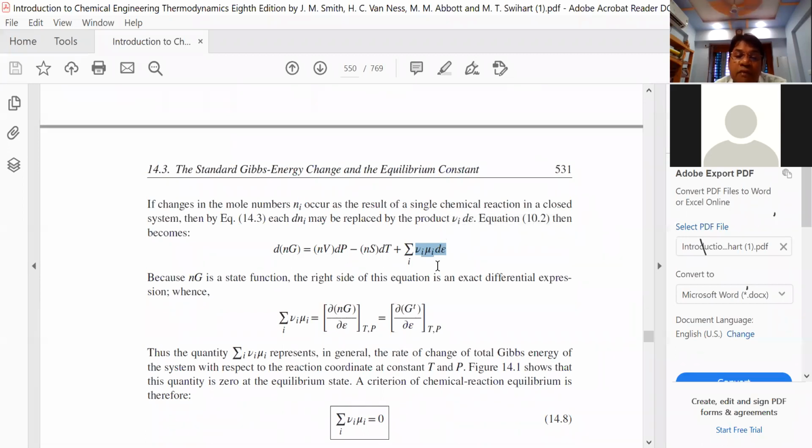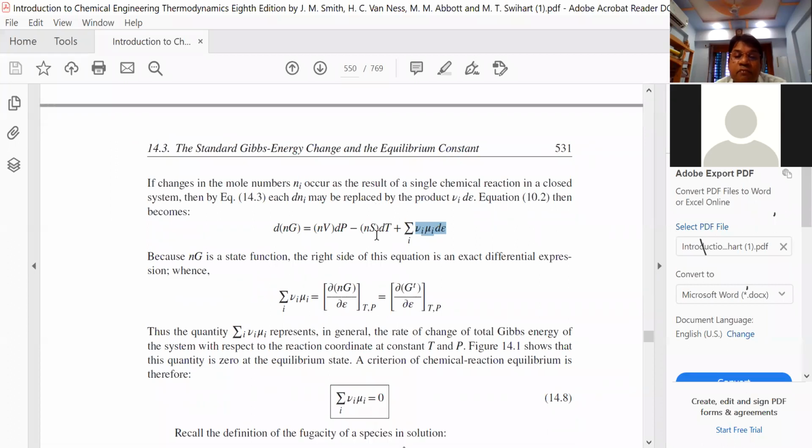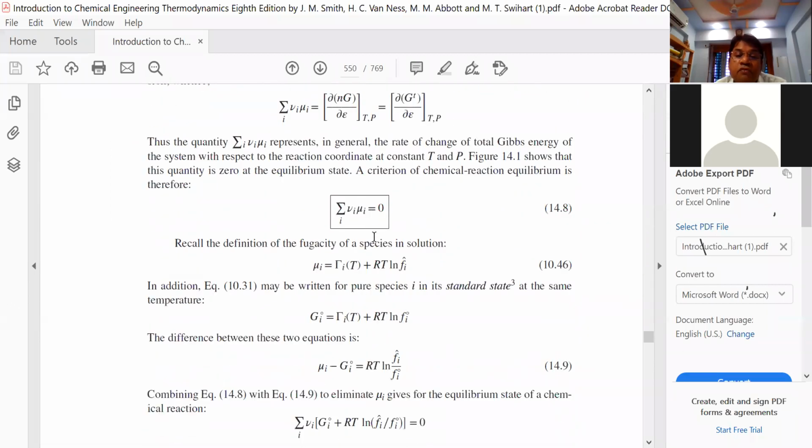After developing this equation at constant temperature and pressure, the other terms will be 0, so this also has to be 0. That is, summation over i of nu i mu i should be 0 at constant temperature and pressure.